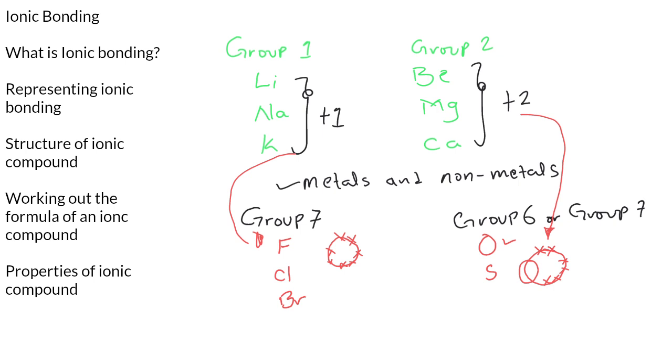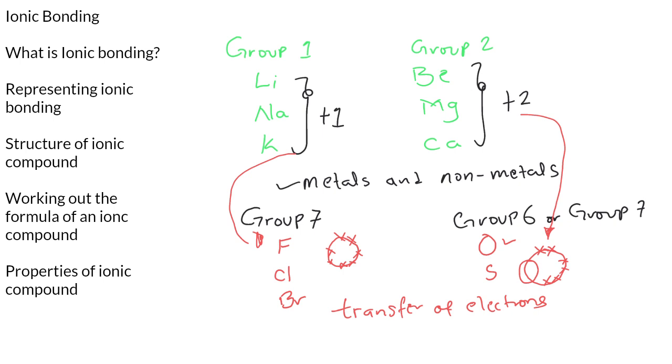Where are the electrons transferred from? The electrons are transferred from the metals to the non-metals. Remember in the last lesson, we said that metals lose their electrons to become positive ions. So they lose those electrons to the non-metals and form positive ions.